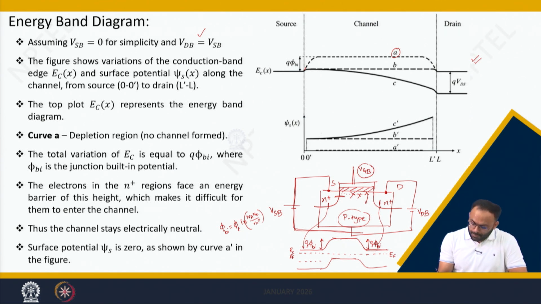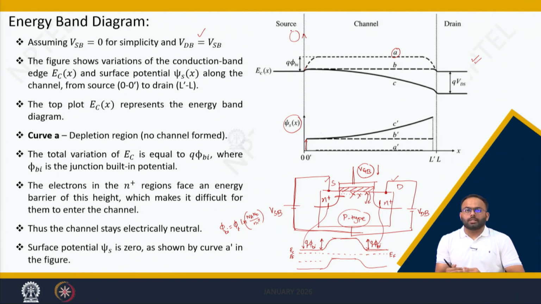Now, what will happen when you increase VGB? If you increase VGB, considering VSB and VDB constant, the surface potential increases. The increase in surface potential converts the channel into weak inversion or inversion. So this is the surface potential profile, and this is the potential energy profile.